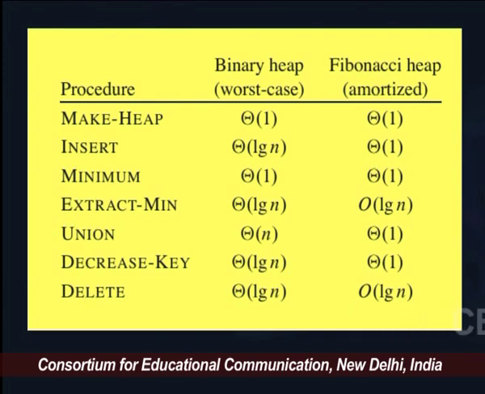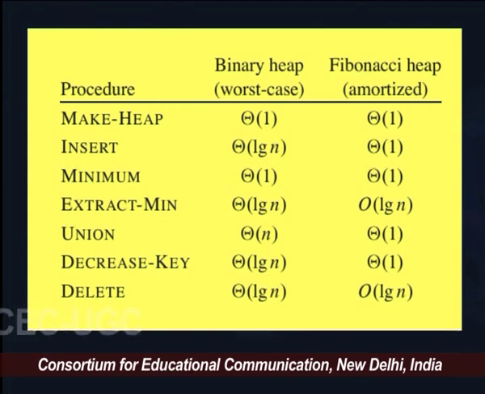Then there comes not only the printing, but the extraction, removal or deletion of the minimum value, which is theta log n in case of binary heap worst case, and in case of Fibonacci heap amortized analysis, this extract min operation has time complexity order of log n.